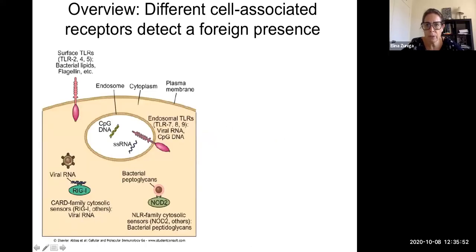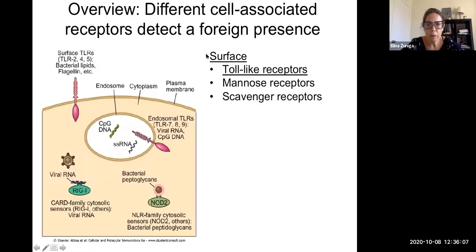Just an overview in this slide of the different cell-associated receptors that will detect the presence of a foreign substance. We have receptors that are associated to the membrane, that will localize in the plasma membrane. Examples are toll-like receptors, which we will focus on, mannose receptors, and scavenger receptors, all localized in the plasma membrane.